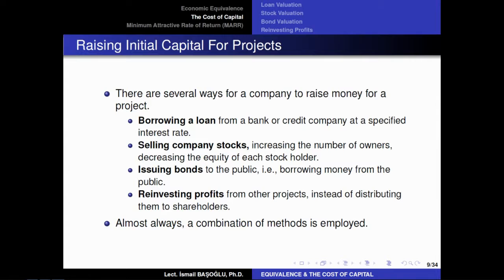For example, if the company intends to raise $100,000 of capital, some part of this capital is borrowed as a loan from a bank. Another part of it is obtained by selling company stocks. Another part of it is obtained by issuing bonds, or another part of it is obtained by reinvesting their own profits. Okay, so a combination of the methods is usually employed.